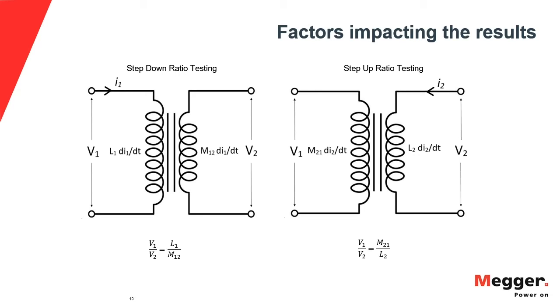And obviously the high voltage winding will be outside of the low voltage side winding, and that results in better coupling between the two windings. And again, that also will greatly help us to achieve more accurate readings when we do either step up or when we use higher voltages for the test.